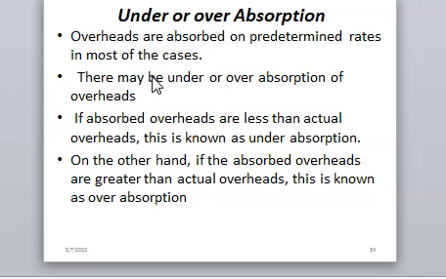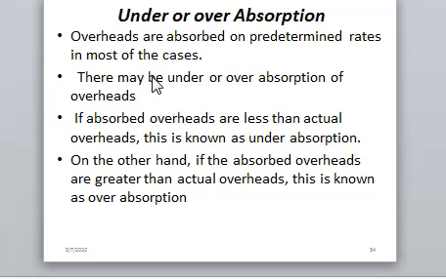Because you use a standard estimate, in some cases you may overestimate or you may underestimate an overhead. If you have overestimated an overhead, it means you absorbed more overheads than what you have actually incurred.